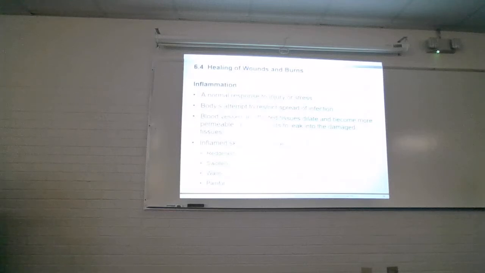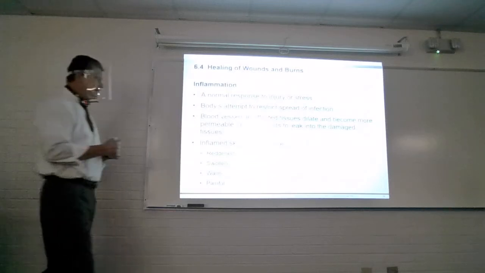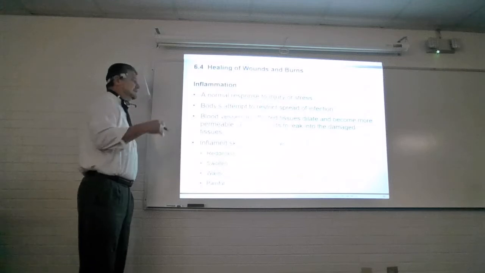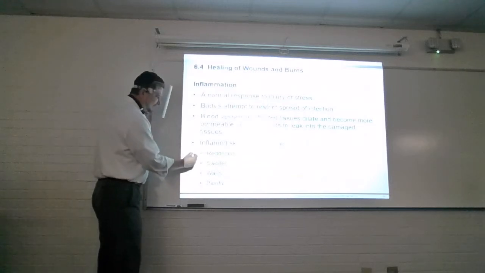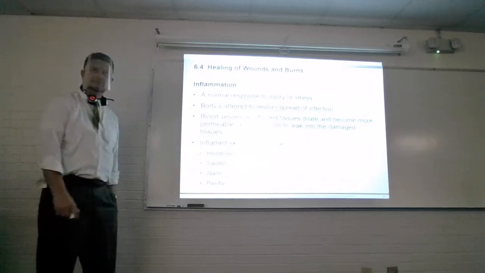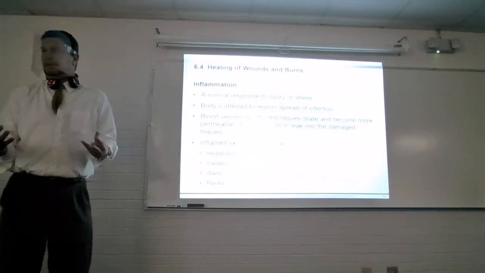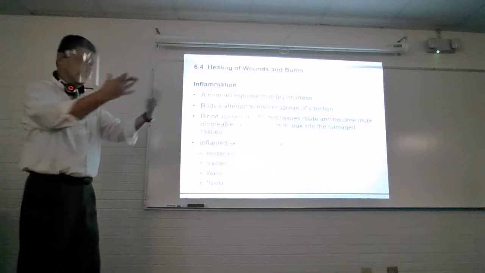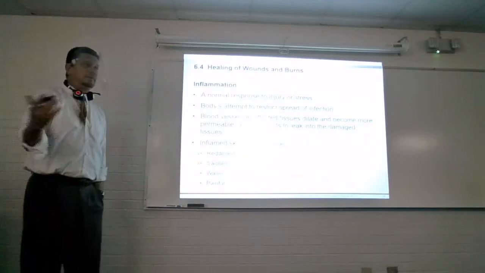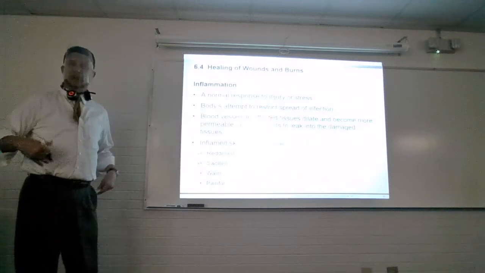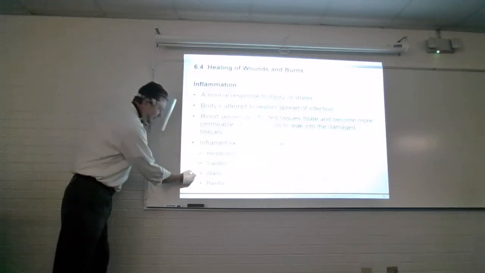Inflammation. I always love this one. So what color is blood? Red, right? So if I put blood in an area, it's going to be red. If I'm putting an abnormal amount of blood in an area, it's going to swell. Blood is warmer than the tissues around it. Its job is to carry heat around, so it's going to be warm.